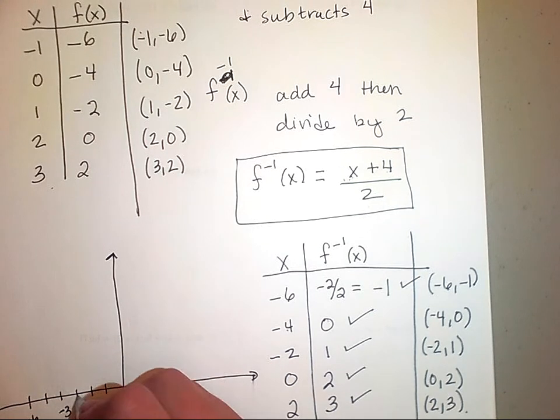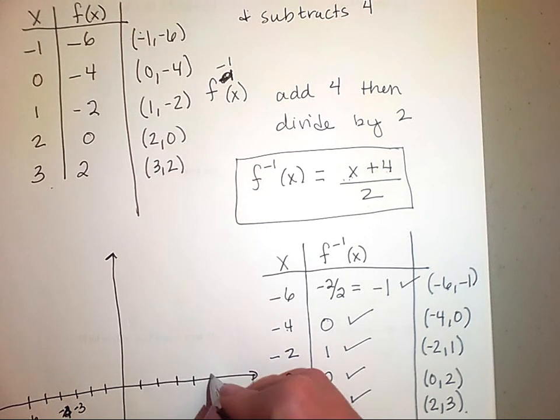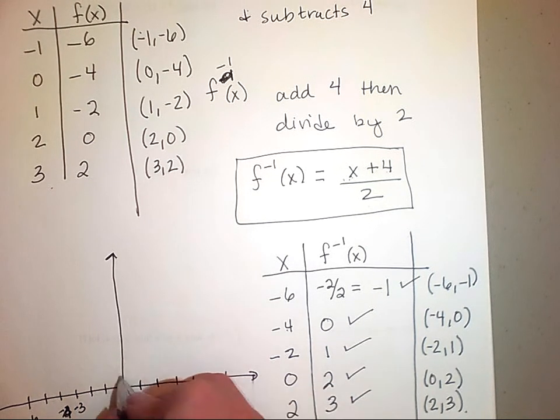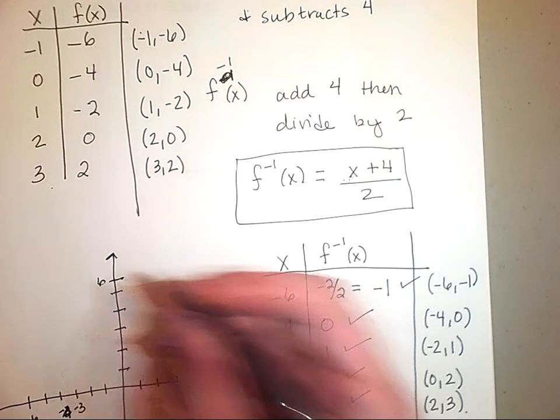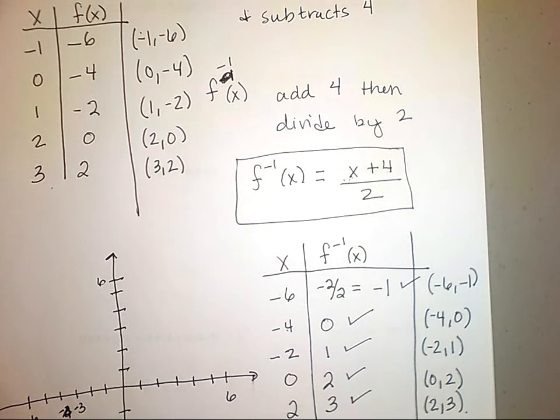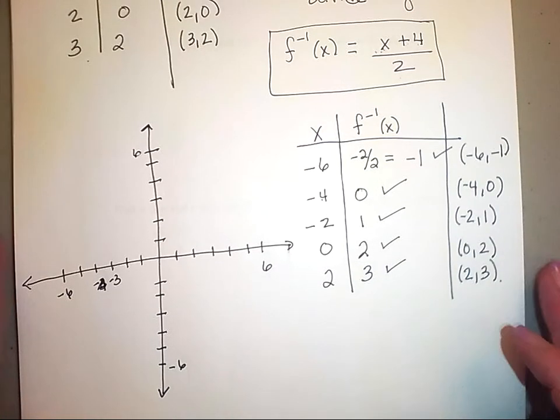Let's see, negative 1, 2, this is negative 3, this is negative 4. Then we'll go positive 6. Alright, so let's graph.